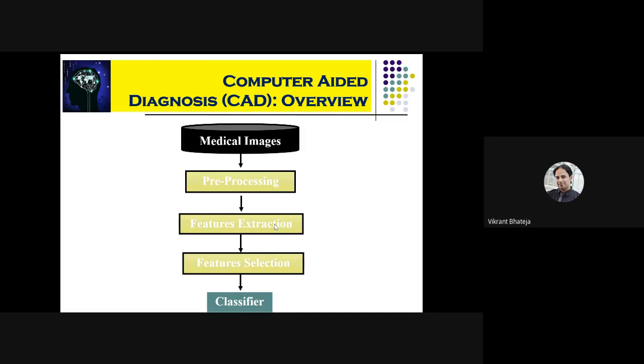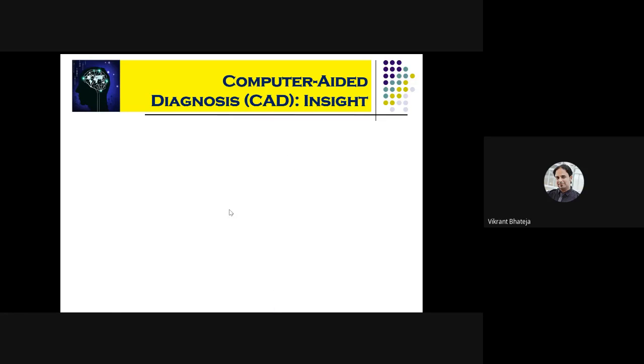Now we want to see the version which is specific to breast cancer. So we are going to extend this block diagram as if you are going to apply it for breast cancer detection. Suppose this is our first block, that is medical image acquisition.